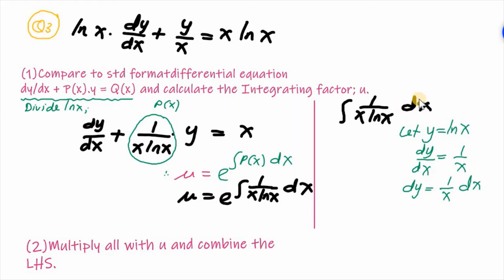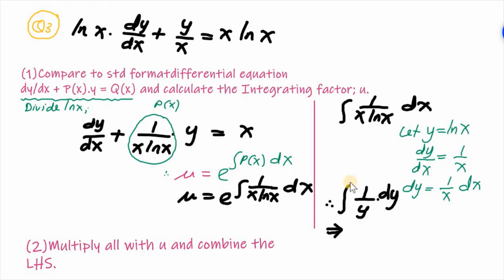So dy is dx over x, and ln x is y. So this integral now becomes the integral of 1 over y, with dx on x being dy. There we simplified it.